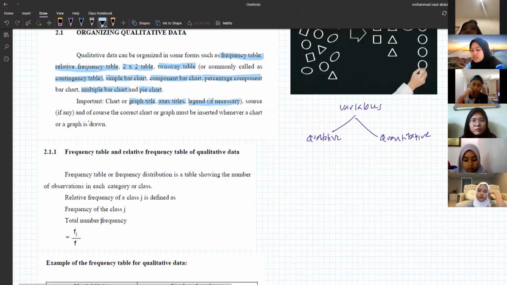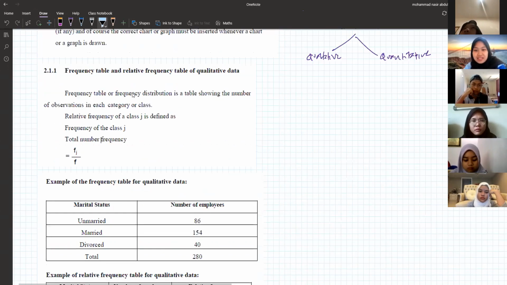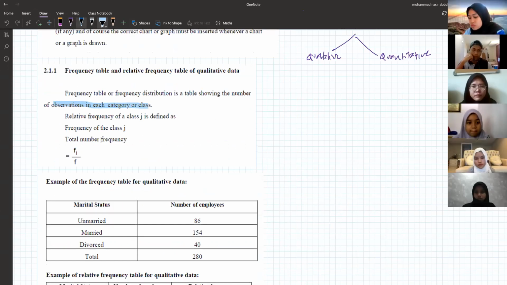So frequency table. Frequency table is a table showing the number of observations in each category or class. So this is an example of a frequency table. First, we have the category or categorical variable. The second column, we have a frequency value. So each row represents a class, right?